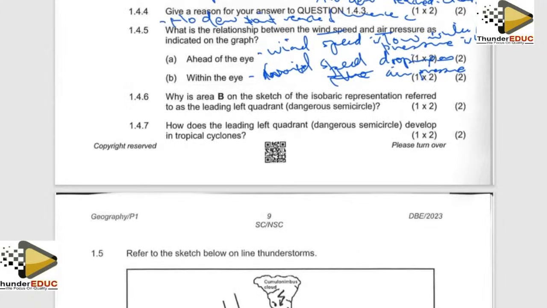Why is it referred to as the leading left quadrant or the dangerous quadrant?